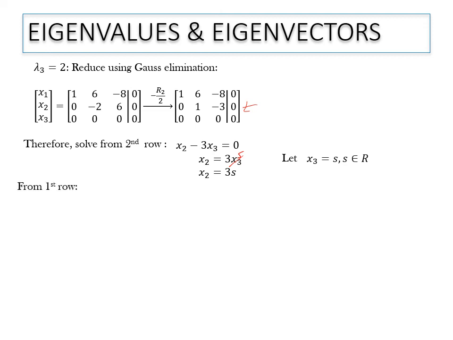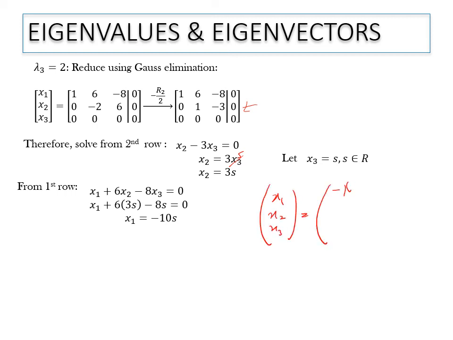From the first row, we substitute x2 equals 3s, and we get x1 equals negative s. So x1, x2, x3 is negative 10s, 3s, and s. If you factor out the s, you get s times negative 10, 3, and 1.